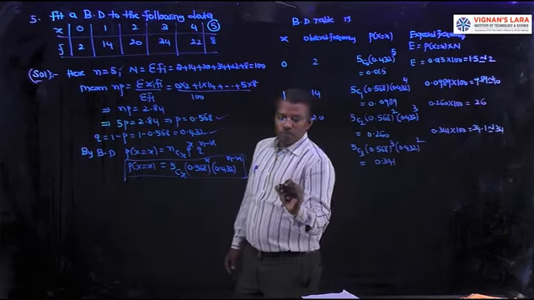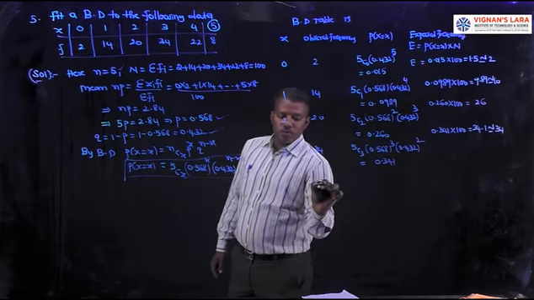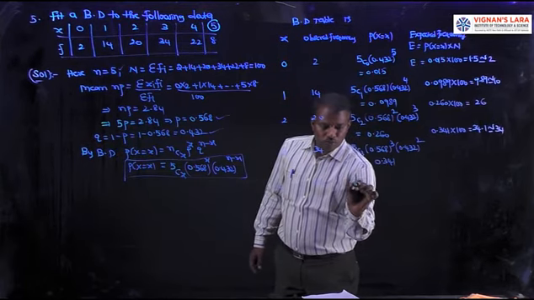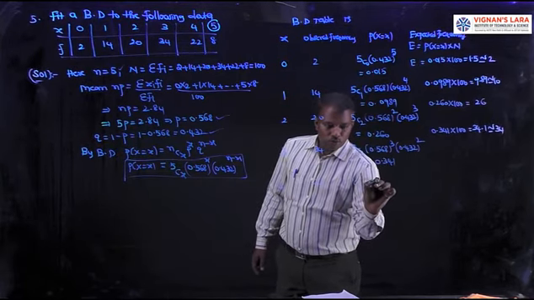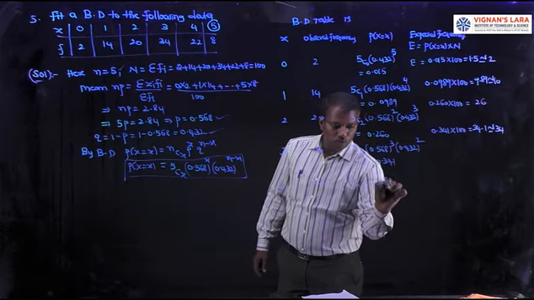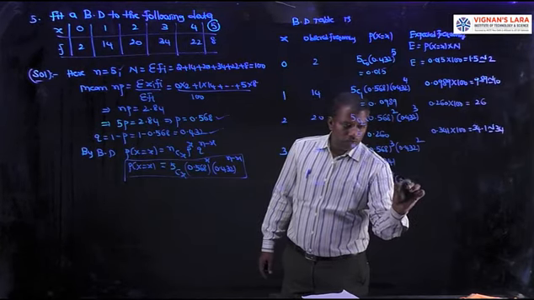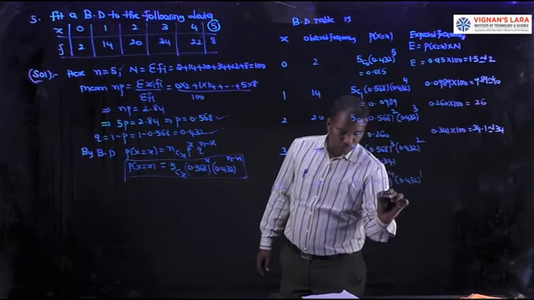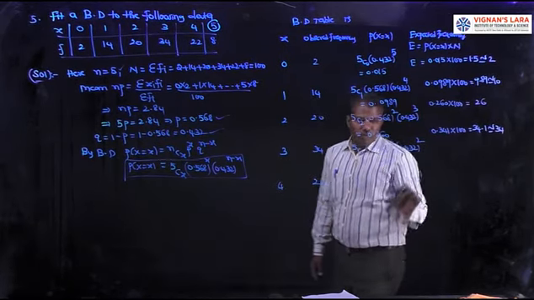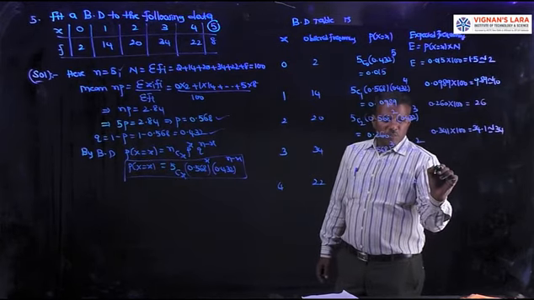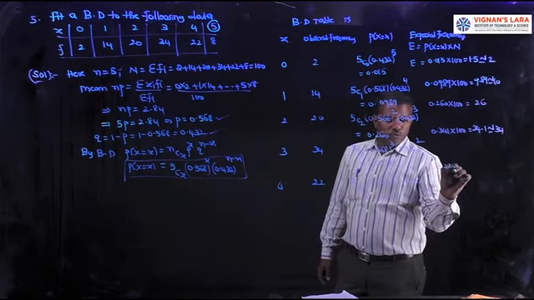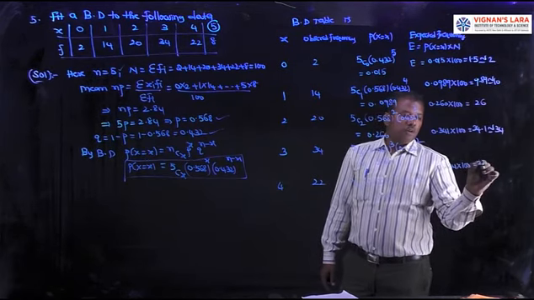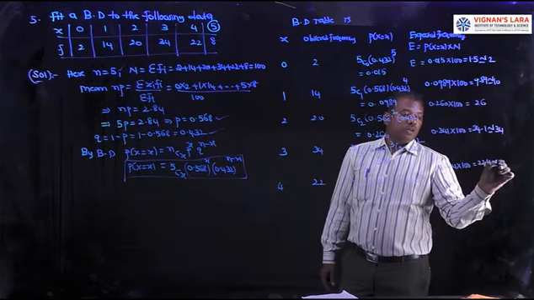Then 4. Observed frequency 22 in the table. Its probability 5C4, 0.568 whole power 4, 0.432 whole power 1. Its value is 0.224 after the simplification. Then its expected frequency is 0.224 into 100, that equals 22.4, approximately 22.